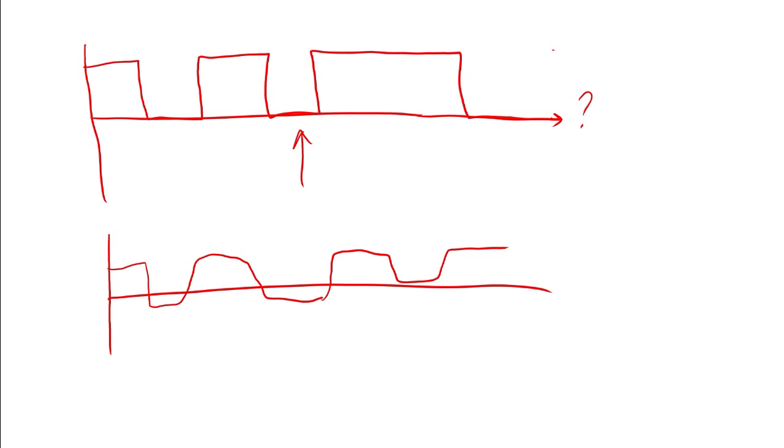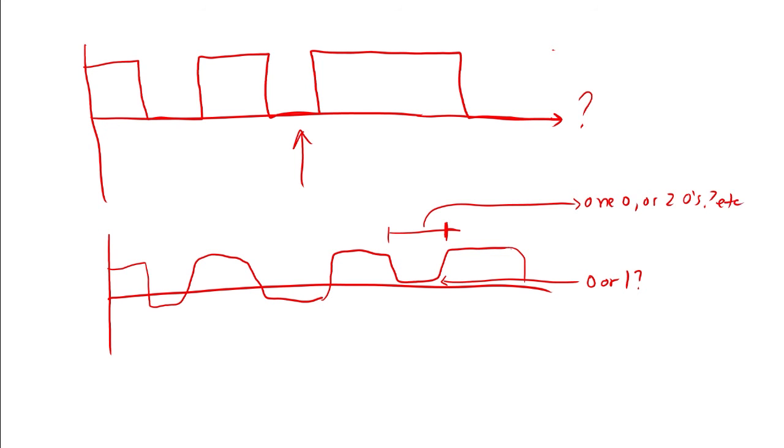So, for example, if I had an electrical signal and there's a slight bit of voltage here, is this a 0 or a 1? And then, what if this distance, is this 1 zero or 2 zeros, etc.? How do we know?